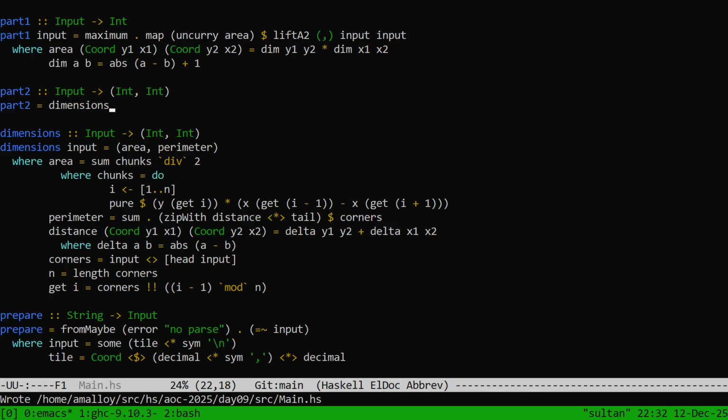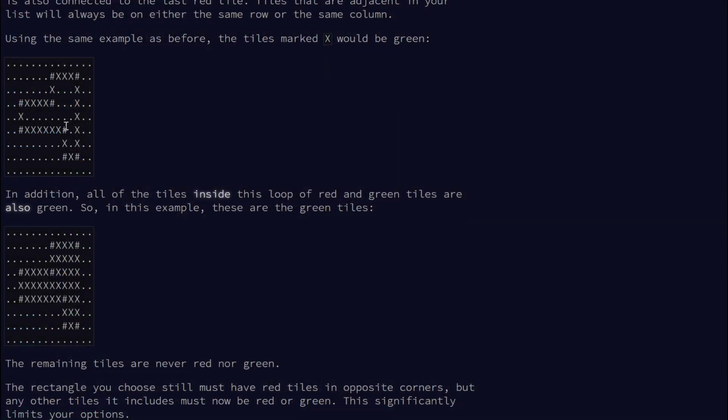So how, in part 2, do I determine which way the shape is oriented? Like, if the first line I trace out is from here to here, then I'm going clockwise around the shape.